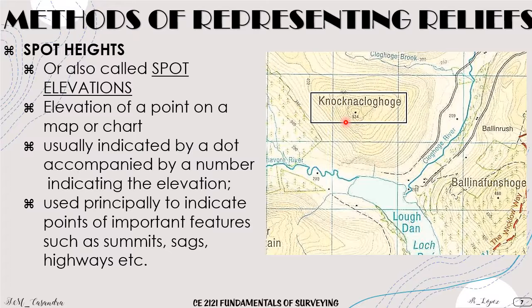So other spot heights in this contour would include this point. So we have 480. So it represents the elevation of another point on the map.